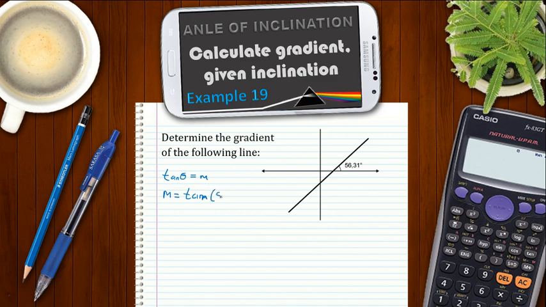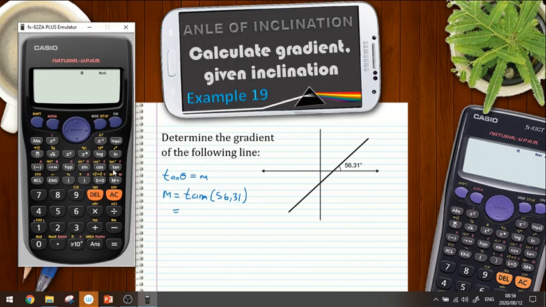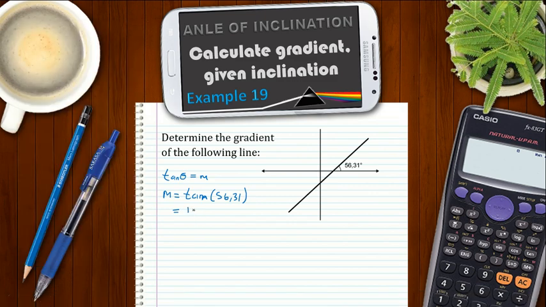So that's going to be 56,31. And then I just use my calculator to calculate that value. So I say tan 56.31, and that is equal to 1,5. Alright, so that's pretty straightforward.